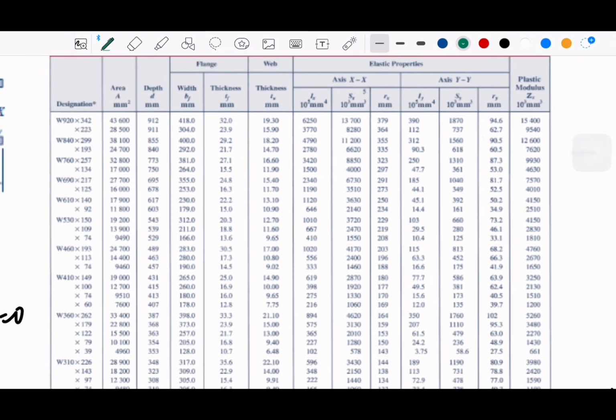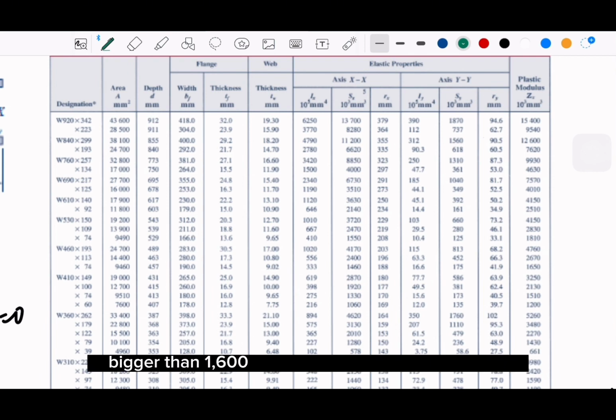For the S that is 1,600, we are going to find one bigger than 1,600.